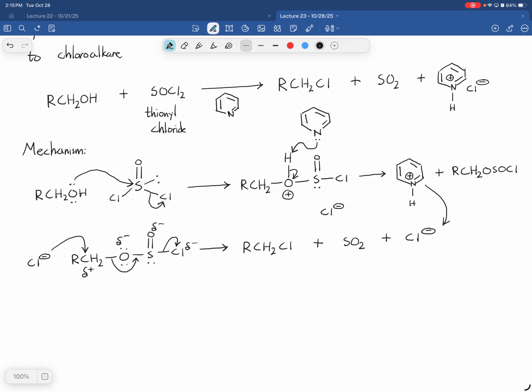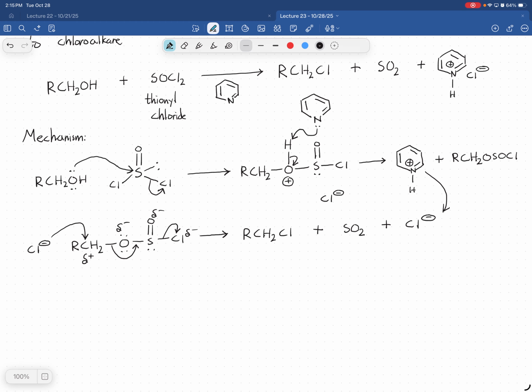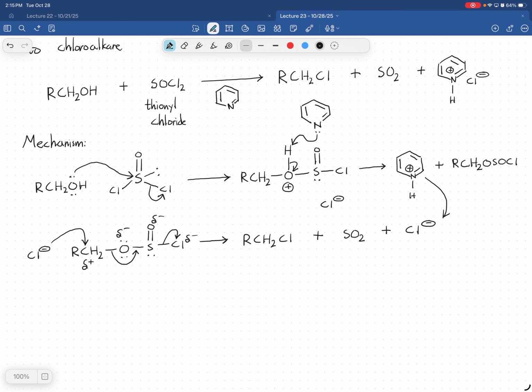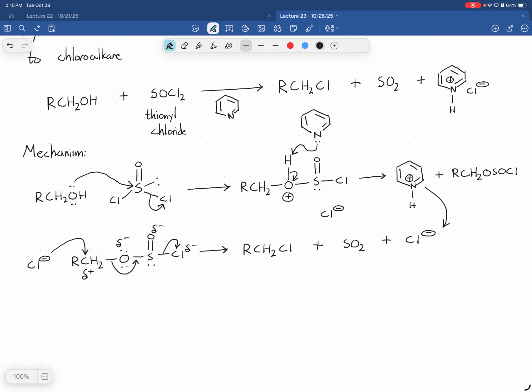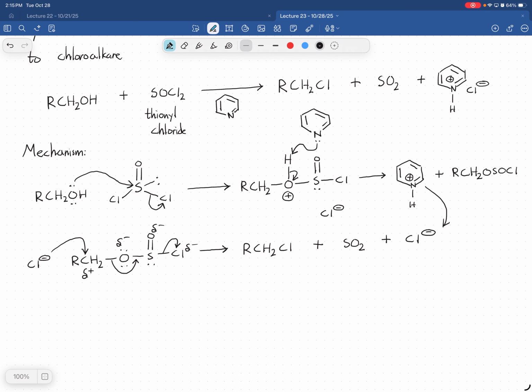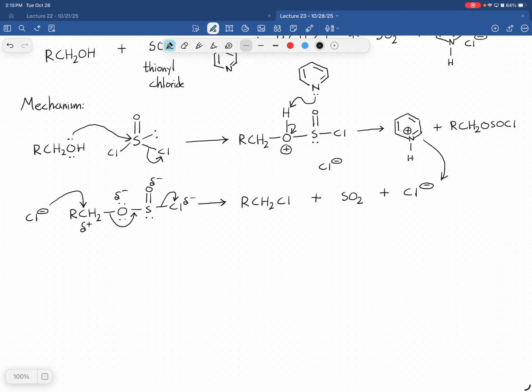All right, any other questions? Okay, well, there's another one, so that's for primary, right? Thionyl chloride works great for primary. If you start using it for secondary though, things can just go wrong, so don't do it for secondary. This reaction can also be solvent dependent based on the substrate, so just use it for primary alcohols.